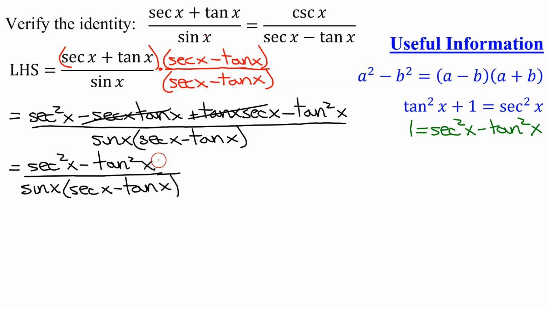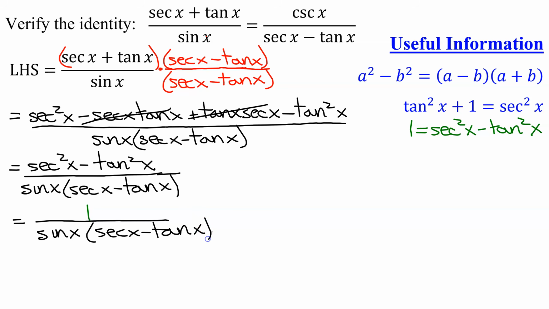So this whole numerator just turns into a 1. So I'm going to get 1 over my same denominator of sine x times secant x minus tangent x.